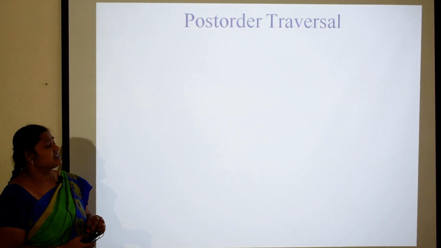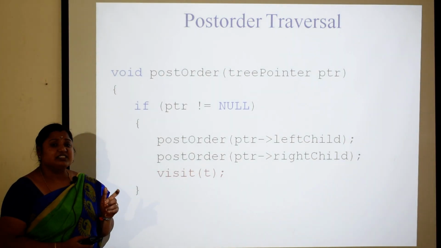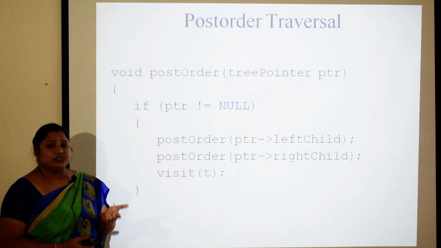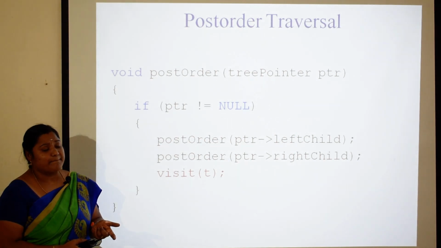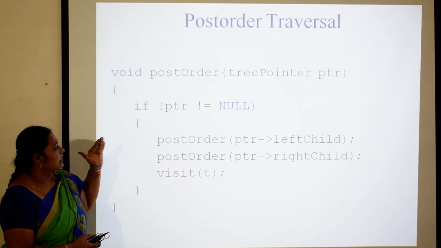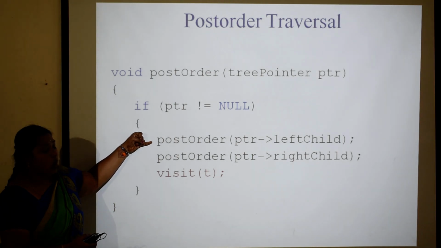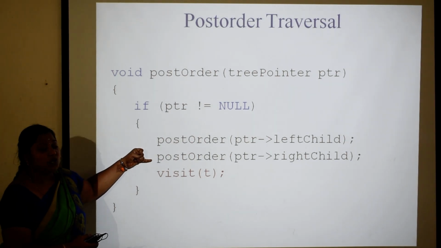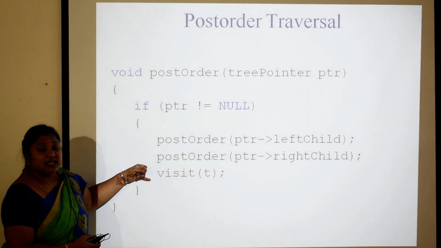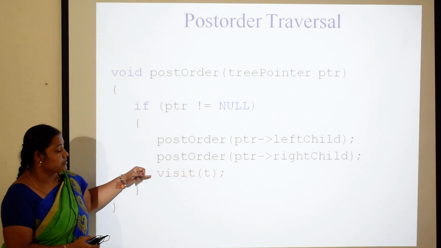Then post-order traversal. In post-order traversal, first it visits the left node, then the right node, and only then it prints the parent node. This is the algorithm for post-order traversal. First it prints all the left children, then all the right children, then the root nodes or parent nodes.